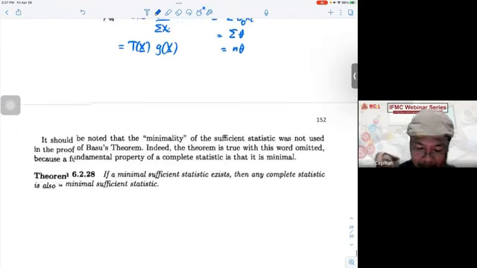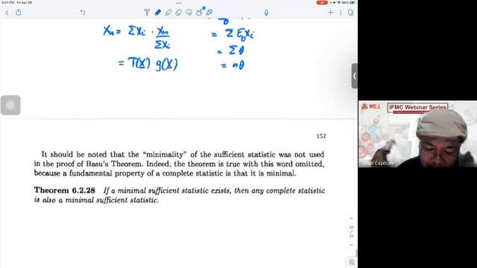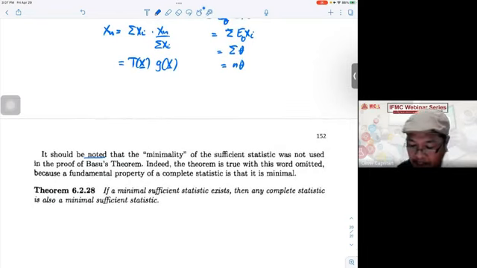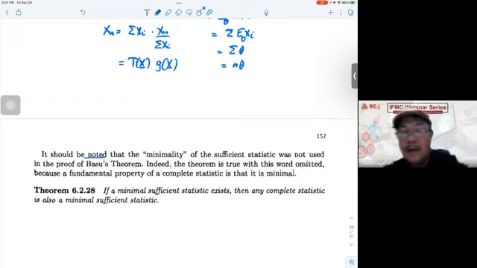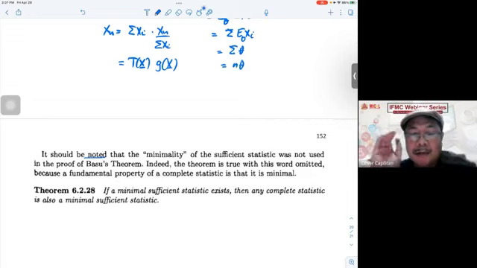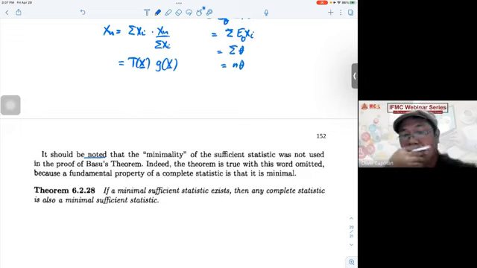Okay, so lastly, ito yung noted natin dito. It should be noted that minimality of the sufficient statistic was not used in the proof of Basu's theorem. Indeed, the theorem is true with its word omitted because the fundamental property of complete statistic is that it is minimal. Pag may pakita mo na talaga, according to this note, if you can show that your statistic is complete, automatically that is also minimal.